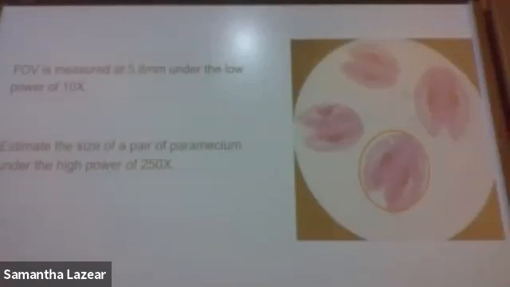I'm going to put how many paramecium would fit. I'd say 3 would fit in the field of view. Actually, it depends on their positioning. I agree with that. It's difficult. You've got to imagine. I'd say 3.